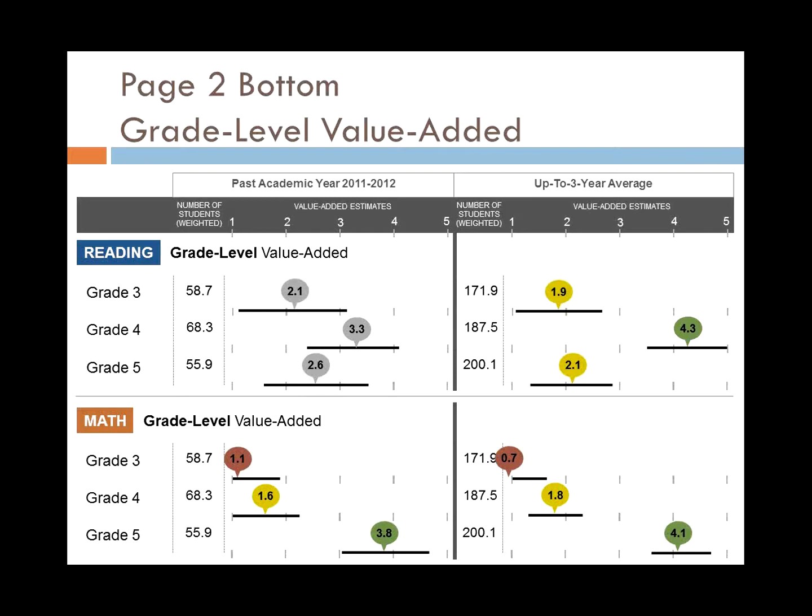But we can go from one test to the other, and as long as they're both measuring roughly the same content, usually it works out fine. So if there's a math portion on the WKCE and a math portion on the Smarter Balanced, statistically we should be able to make that connection.